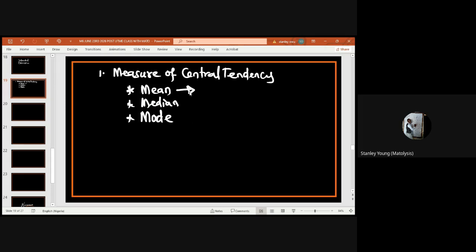The mean means you want to look for the average. The median means you want to look for the middle or the center of a given data. The mode means you want to look for the most frequent data points.